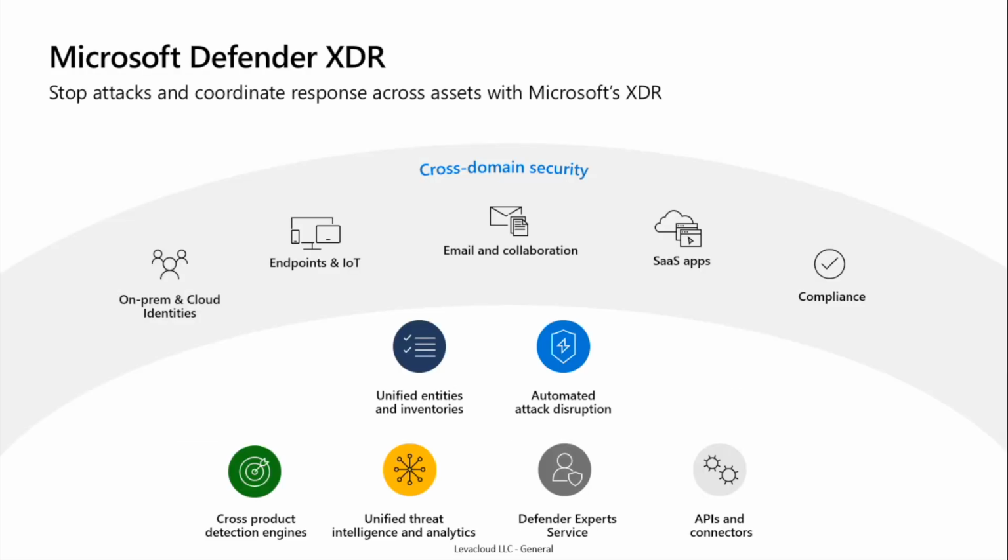Now, as I touched on, this is part of Microsoft Defender XDR. So the full extended detection and response tool set that you get as part of the E5, A5, G5 security licensing.